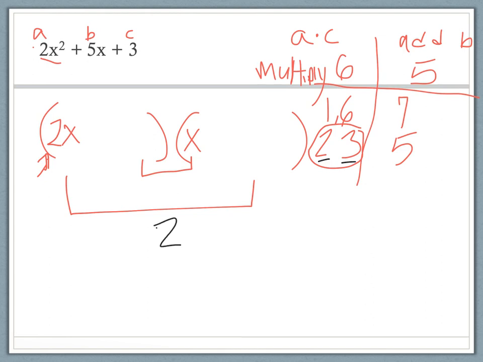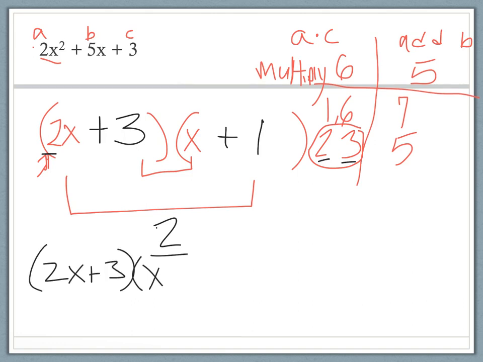So I'm going to put my 2 there, but I'm going to have to actually put a 1 in that blank because I need to use this 2. So 2 times 1 gave me 2. It was a positive 2, so I'm going to put a plus there. And then my other number is going to go into the other spot. So then my answer is going to be 2x plus 3, and then x plus 1.